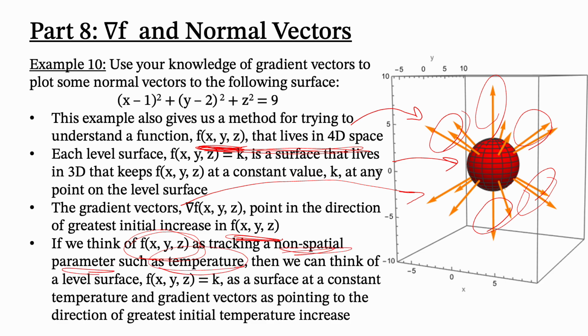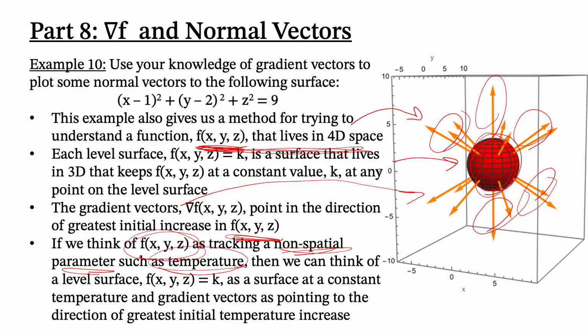So I think of it like this. I'm in three-dimensional space, swimming in a swimming pool, and the temperature varies throughout that pool. In some places the water is warmer, in some places colder, and f of xyz is tracking that temperature. Perhaps I'm trying to swim in the direction of greatest initial temperature increase while on a point on this level surface. This level surface would be a place where, no matter how you swim in 3D space along it, the temperature is always constant.